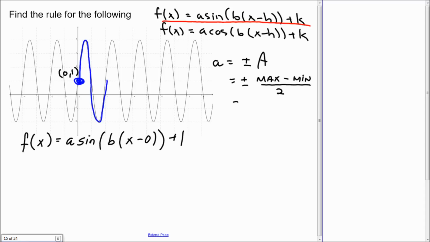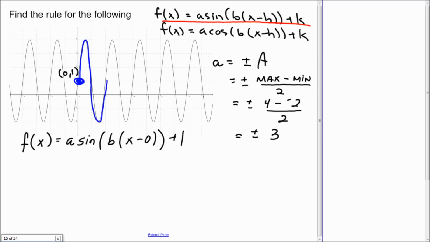So when we look at this particular example right here, our maximum is at 4, our minimum is at negative 2, and when we divide 4 minus negative 2 by 2, we get our amplitude of plus or minus 3. Now we're going to choose whether we want it to be plus or minus 3, just like we chose that we wanted to work with the sine function.